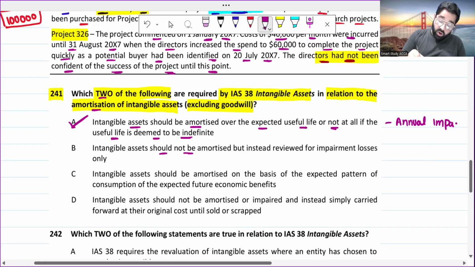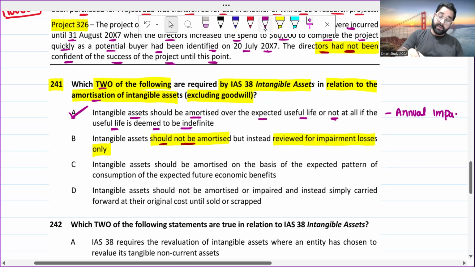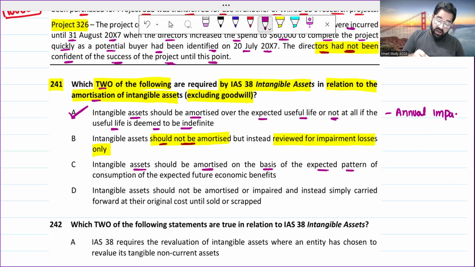Intangible assets should not be amortized, but instead reviewed for impairment losses only. No, if the intangible asset has a finite life, then you will have to charge the amortization expense. So it is wrong. Intangible assets should be amortized on the basis of the expected pattern of consumption of the expected future economic benefit.